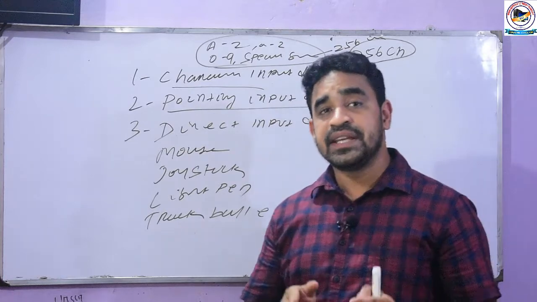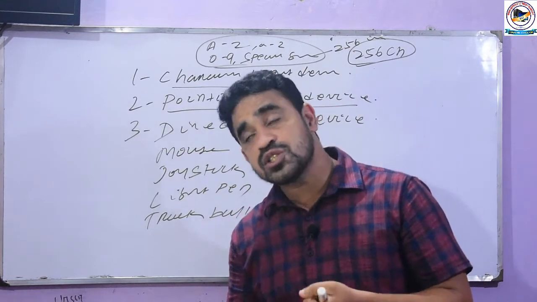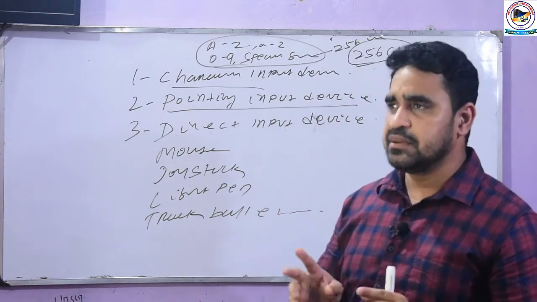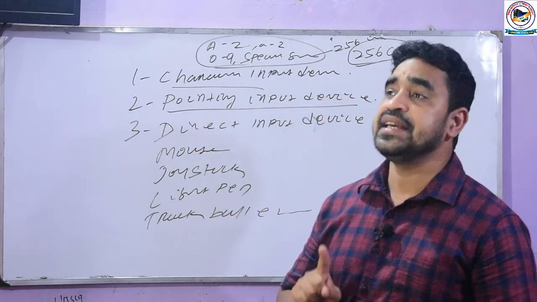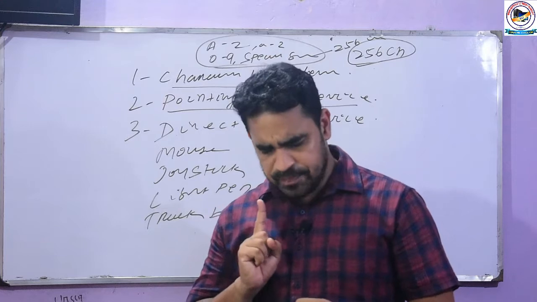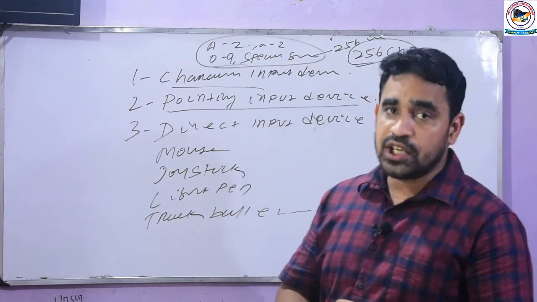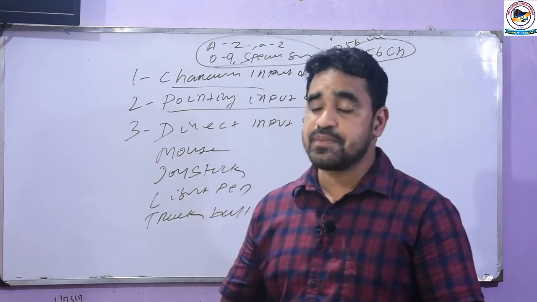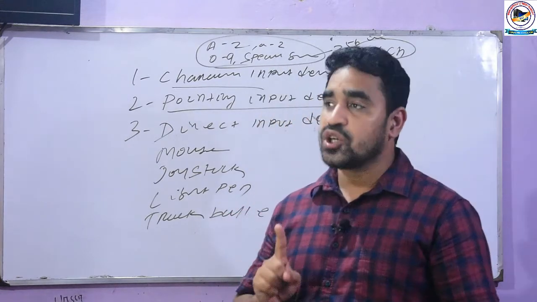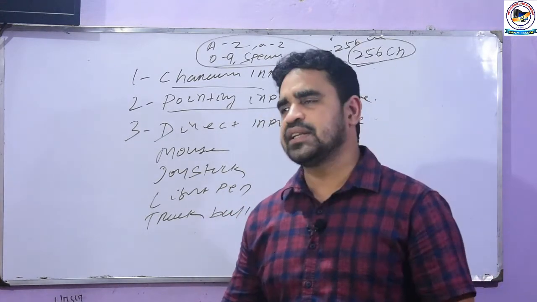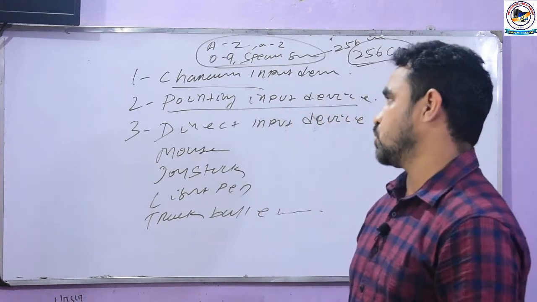There are a number of keys used to perform special tasks: function key, alphabet key, numerical key, escape key, shift key, alt key, control key, space bar, tab key, delete key, backspace key, numlock key. Different keys are used for different purposes.